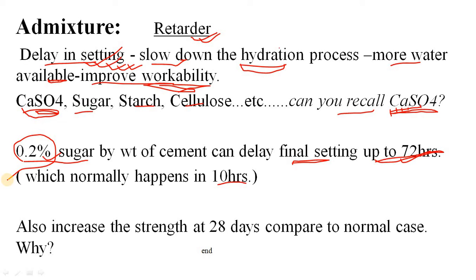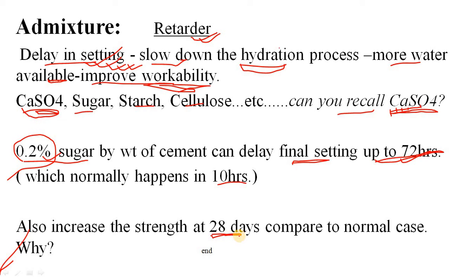Another thing is, when you use a retarder in your concrete, its strength at 28 days compared to the normal case is also increased. Suppose in M30 concrete, in the normal case after 28 days the strength is 30 MPa. But when you use a retarder, the 28 day strength is more than 30 MPa.